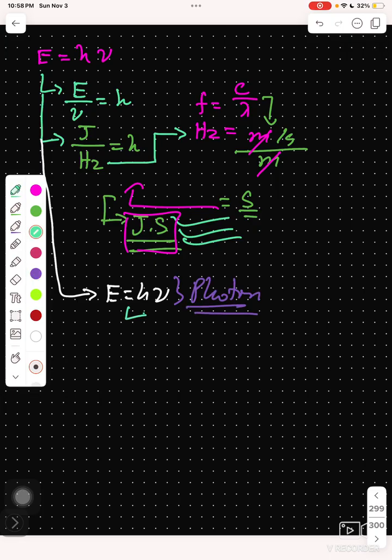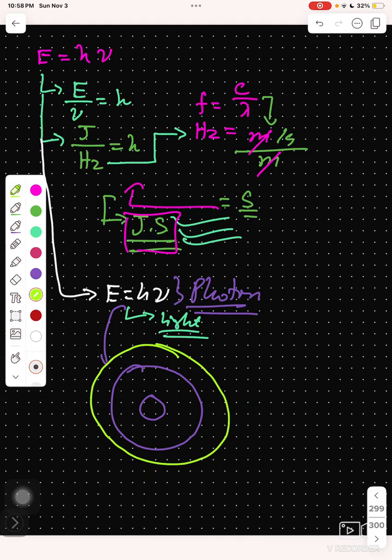And how it's mostly used: if we have an atom with an electron that can increase and decrease in energy level, when it releases energy, which is the photon, we just write E equals hv, because it is giving out energy, and energy is nothing but photon.